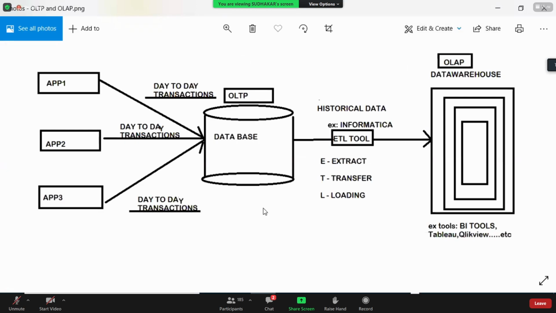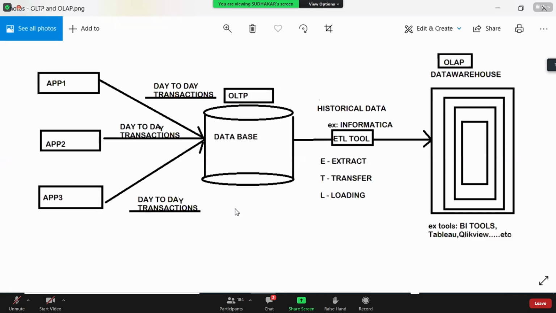Nowadays, if you go to the market, we have Bajaj electronic showrooms. I think all of you know them. Suppose you are going to purchase some product, like refrigerators, AC, televisions.